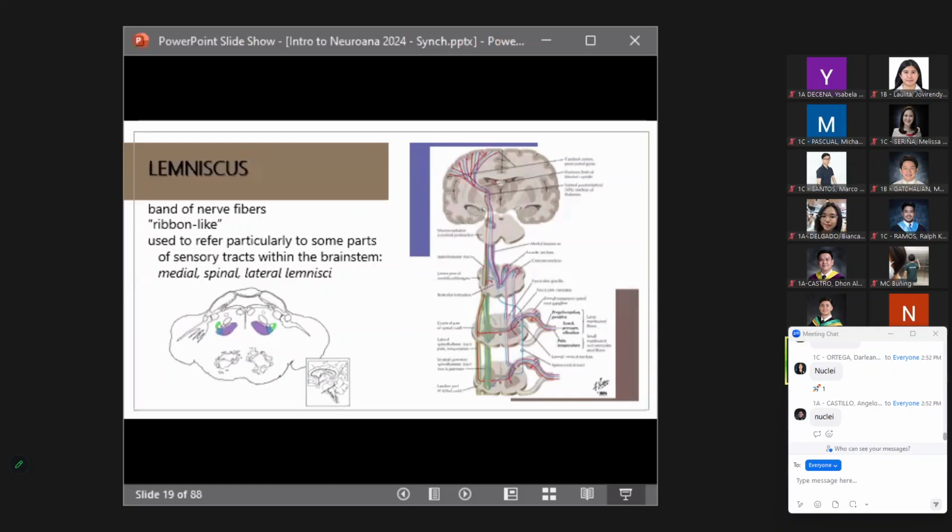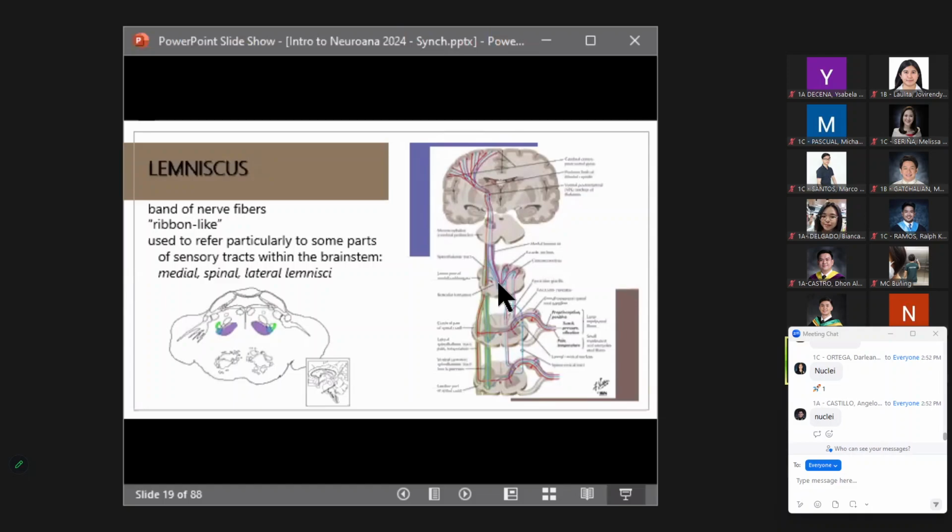As they go up and reach the brainstem, in the middle part, these tracts form lemnisci, the medial, spinal, and lateral lemnisci.